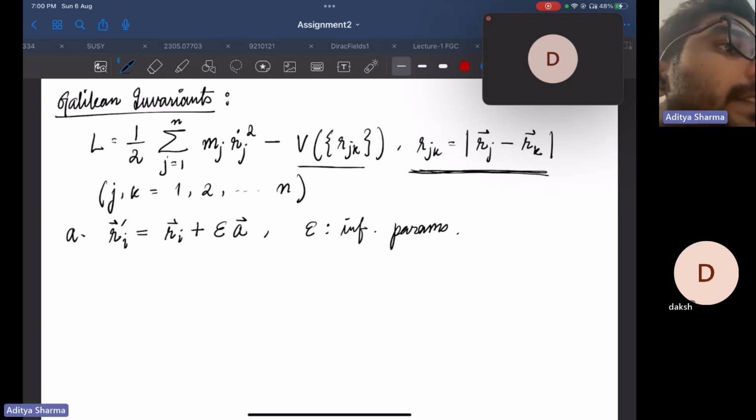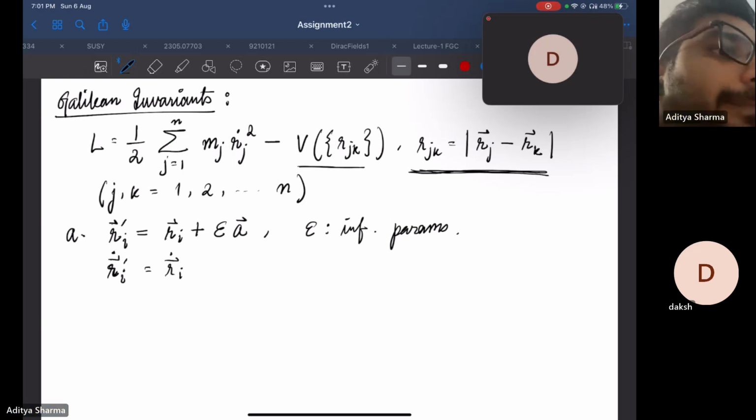Now you change this. Does L change? How does L change? You have to find L prime in this case. If you have R as this, then Ri prime dot is just Ri dot. A is a constant, so this part is 0.